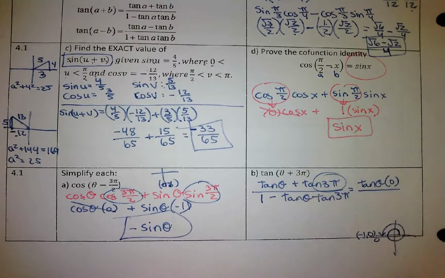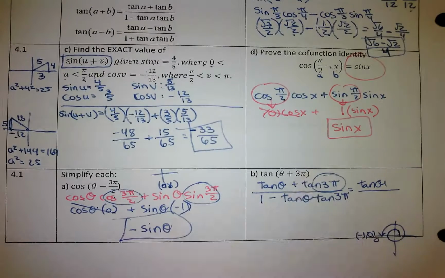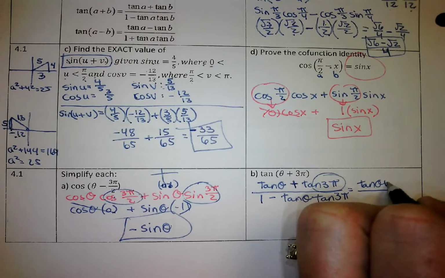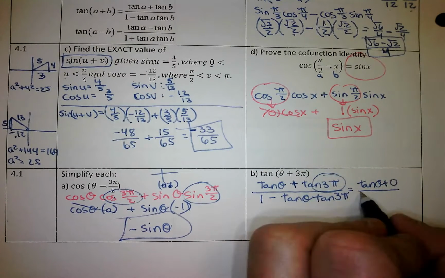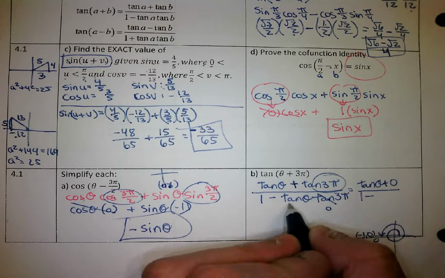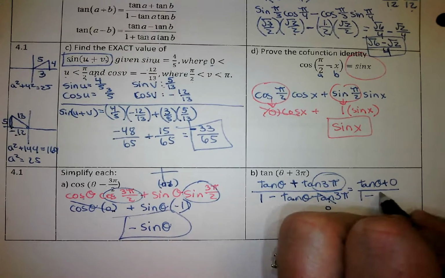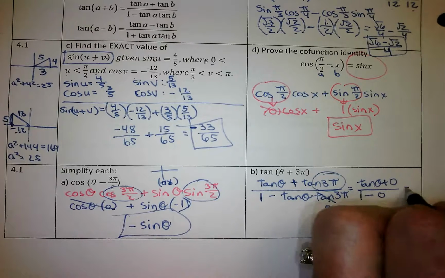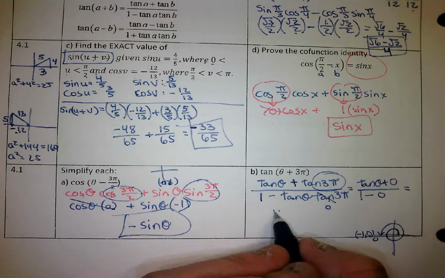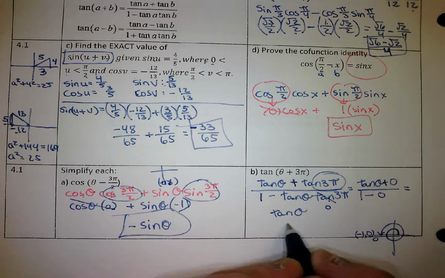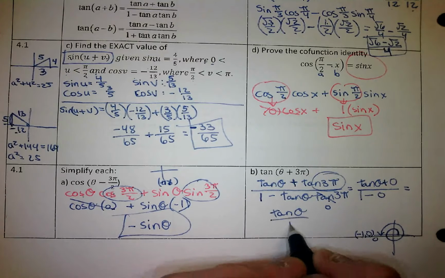Gotta pay attention, plus 0 on the top. So here we're going to have 1 minus, now this tangent of theta times 0, that makes that 0 as well. So now we're going to wind up with tangent of theta over 1, or just tangent of theta.